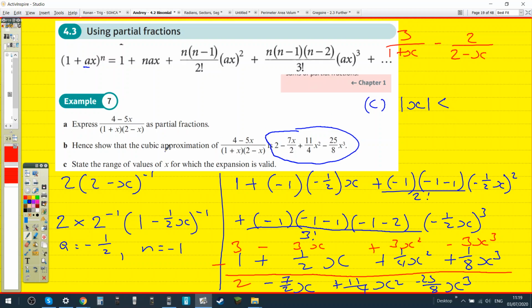So a was a half. I think it's the other way around. The magnitude of ax, so a half x, is less than 1. So what is the magnitude of x? Smaller than 1 over a half. Yep. What's 1 over a half? 2. Yep.